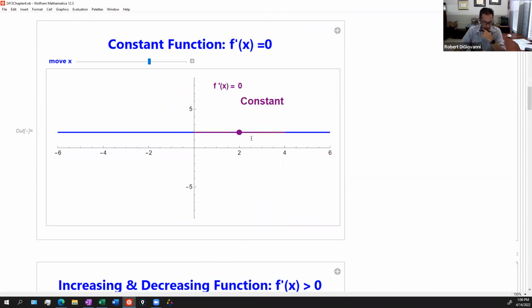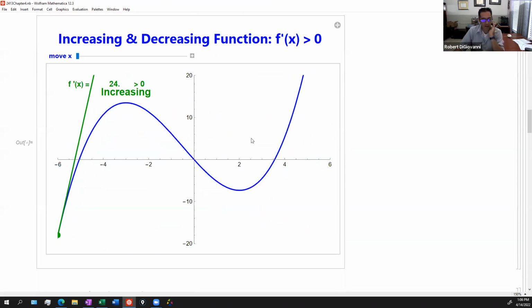Okay, where do we go with that? Let's take a look at a function here, just again to illustrate this. It goes up, then down, up, and then back up. So when I'm over here on this region, I am increasing. When I get to the top, my derivative is 0. Then I start decreasing, so negative derivative, and then flat derivative, and then I'm going to increase, my derivative is going to be positive again.